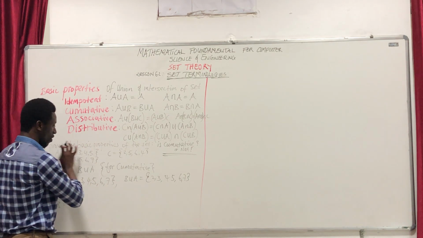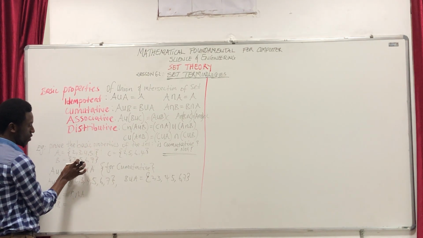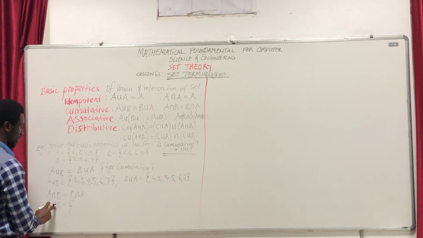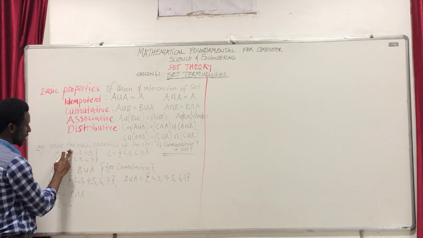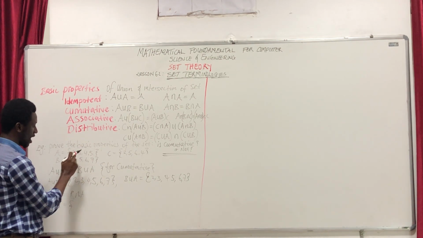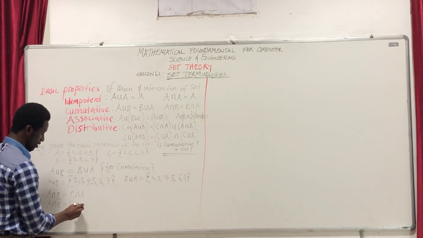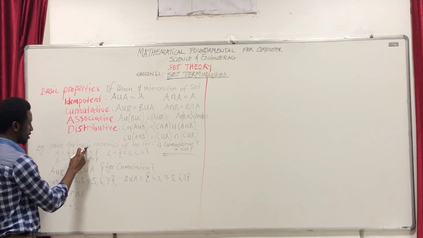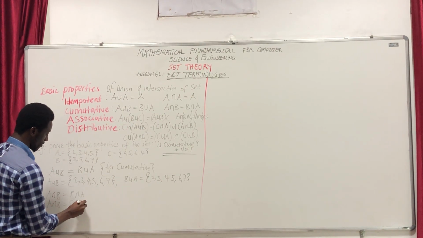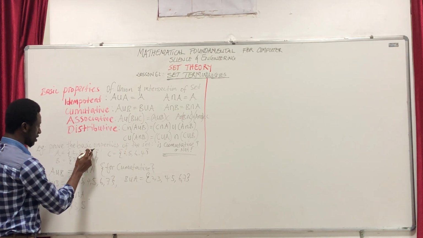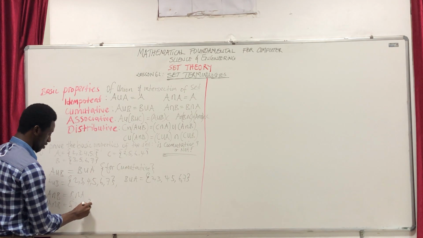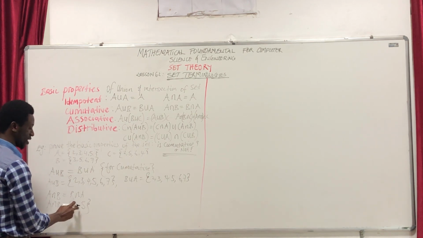You can't take all the elements, only the elements that are common. So let's see, A intersect B: 2 is here, but 2 is not here, so we ignore the 2. 3 is here and 3 is here, okay, so 3. 4 is here, but here no 4. 5 is here and 5 is here, so we take 5. 6 is not here. 7 is not here. So the intersection of A and B is 3 and 5.